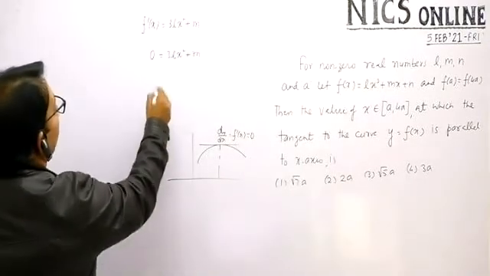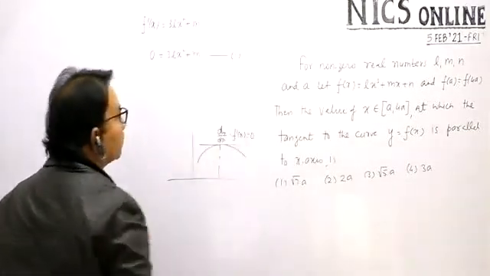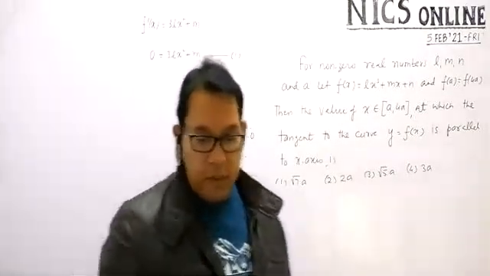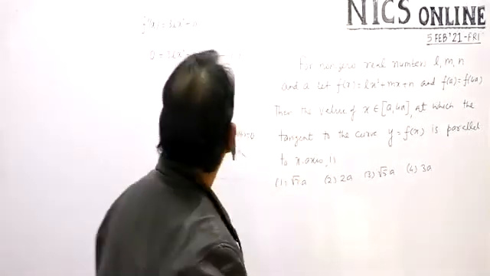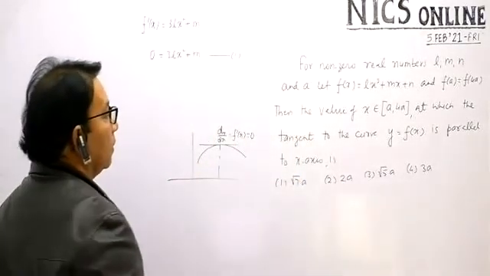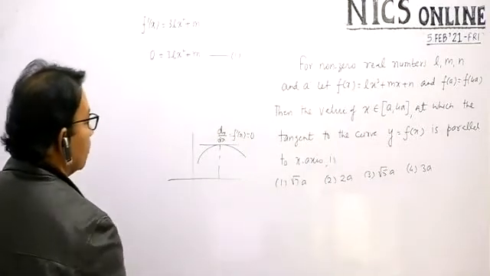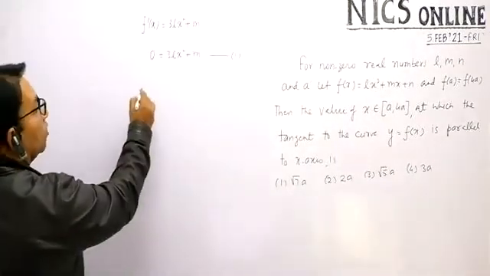You can let it be like this only, because since the tangent is parallel to x-axis, the derivative has to be 0. Then you can use this condition also given to us.